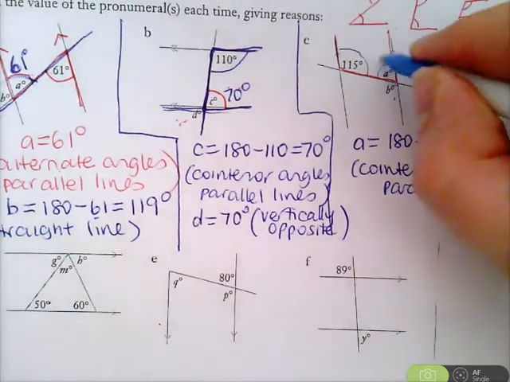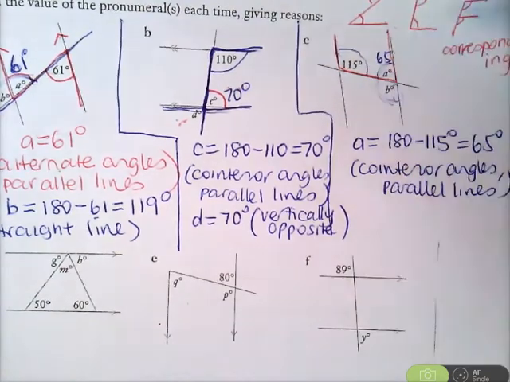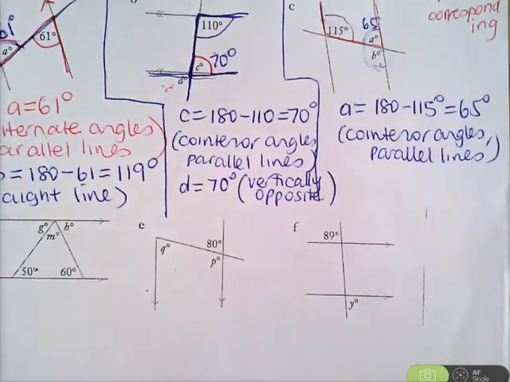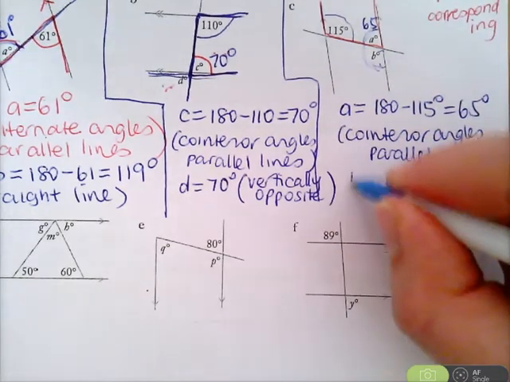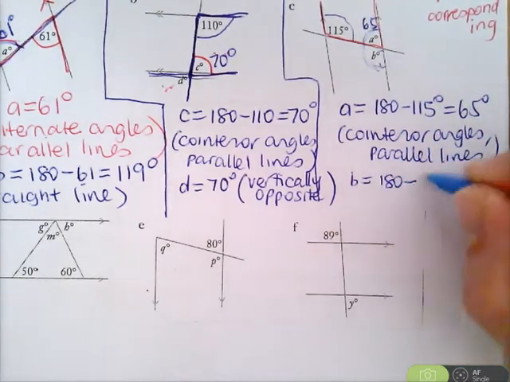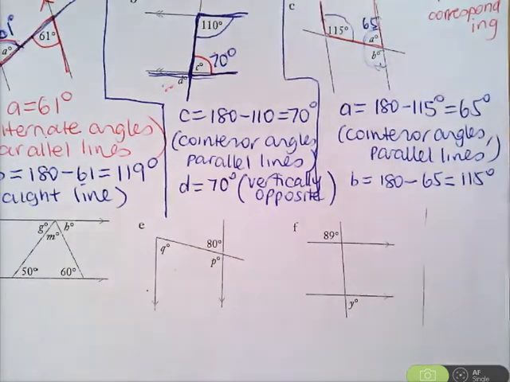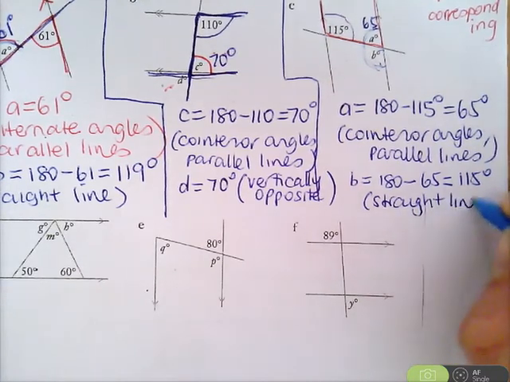Now that we've worked out that A is 65, we can see that A and B make up a straight line. So whatever A is plus B, they equal 180. Now we know that A is 65, so B will be 180 minus 65, which is 115 degrees. And the reason is that we've got a straight line.